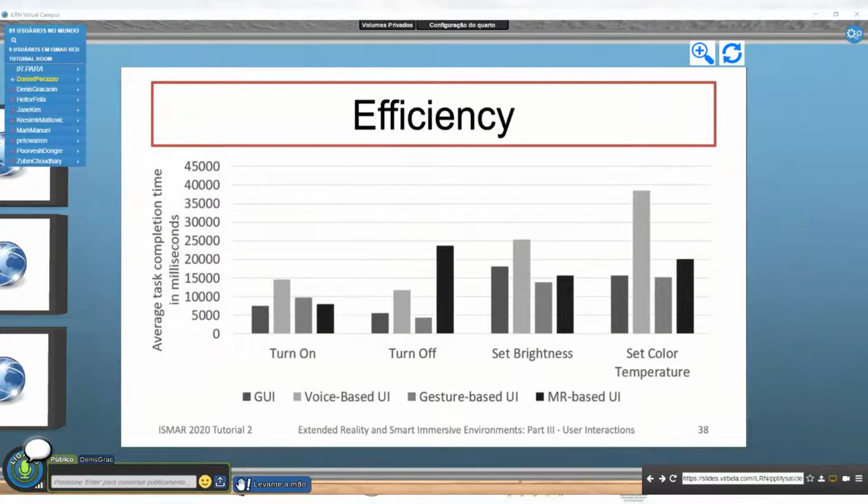In terms of efficiency, again, we are looking at differences for different types of tasks.